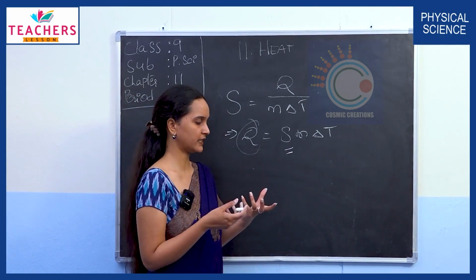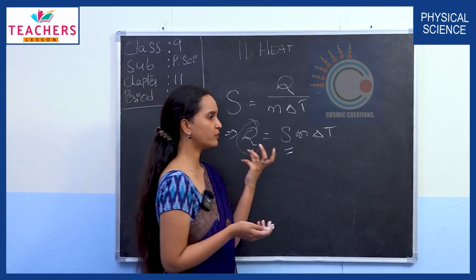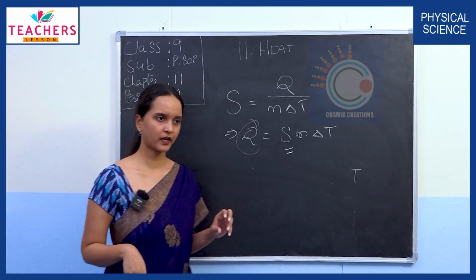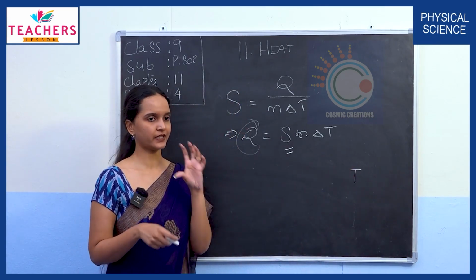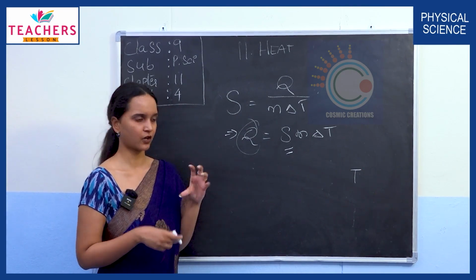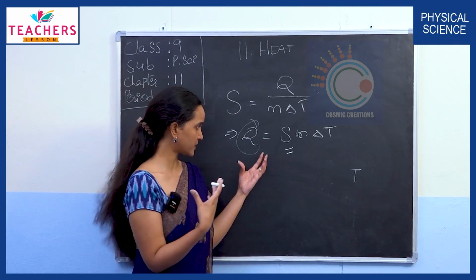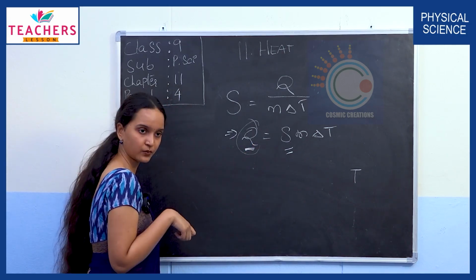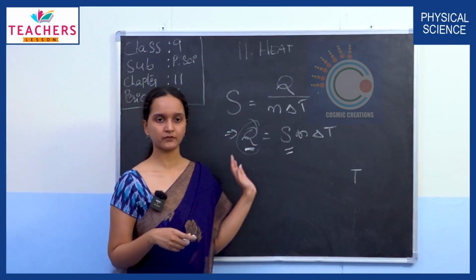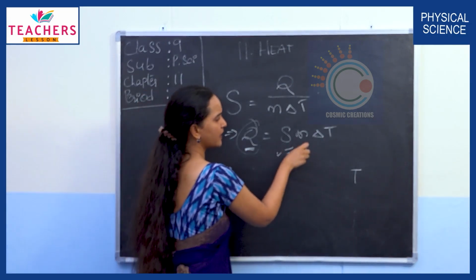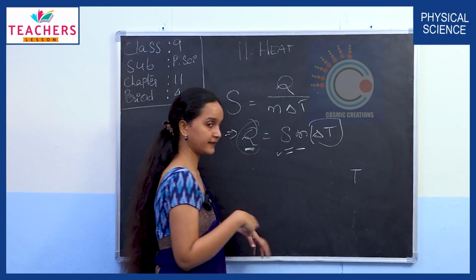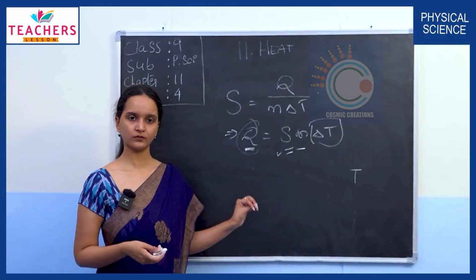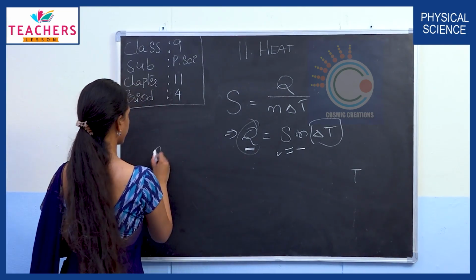If I have a metal cube and I need to heat it to some temperature T, and I know the specific heat of that cube, then I can easily estimate the amount of heat energy I require to heat it. I just need to know the specific heat, mass, and how much I intend to change the temperature. So get it now? Okay, moving on.